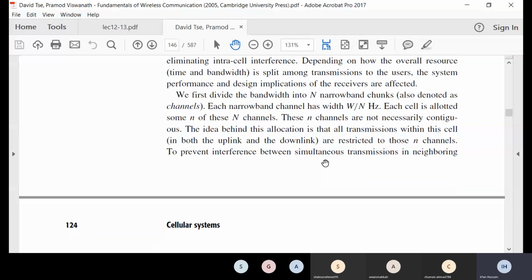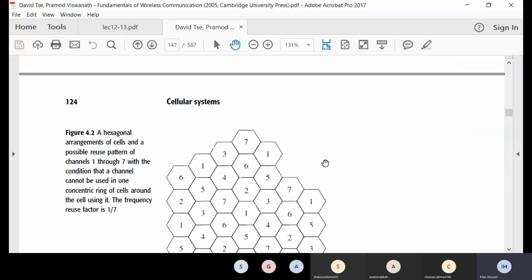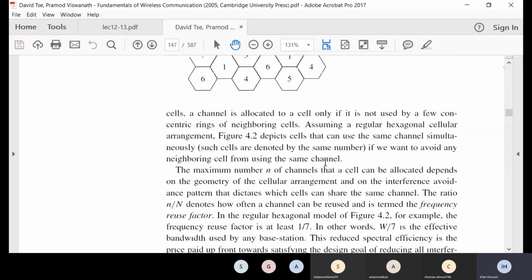Now, within a cell, no problem, because all the users are in different channels, and even if they are in the same channel, they are in different time slots. But interference can occur with a neighboring cell.